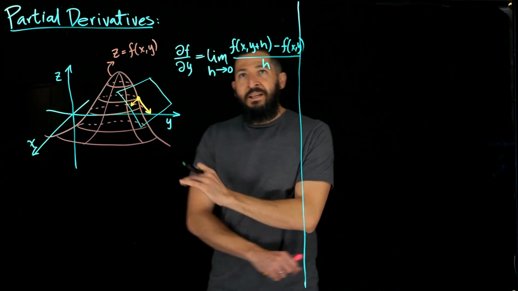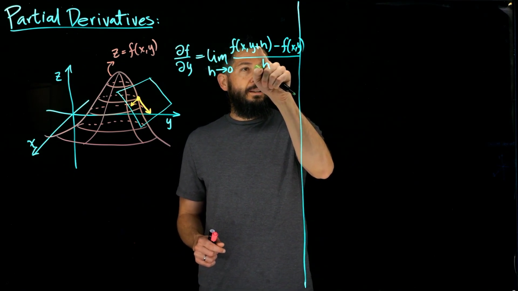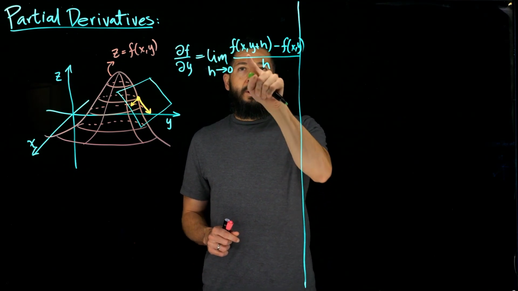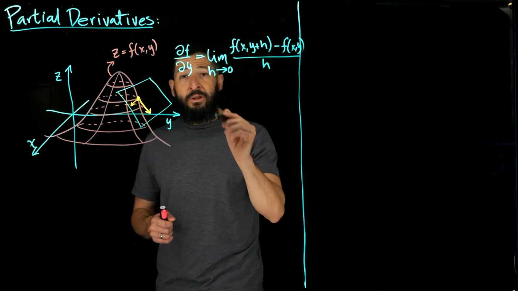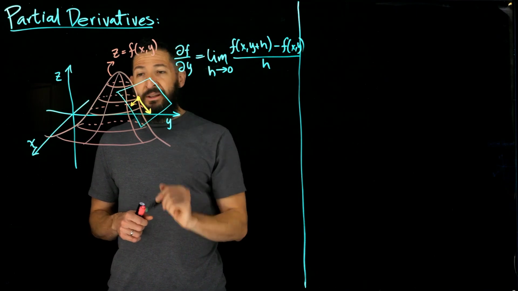So what you're doing is you're looking at the change in the y coordinate by leaving your x fixed right there. And if you wanted to look at the change with respect to x, you would do the same thing.